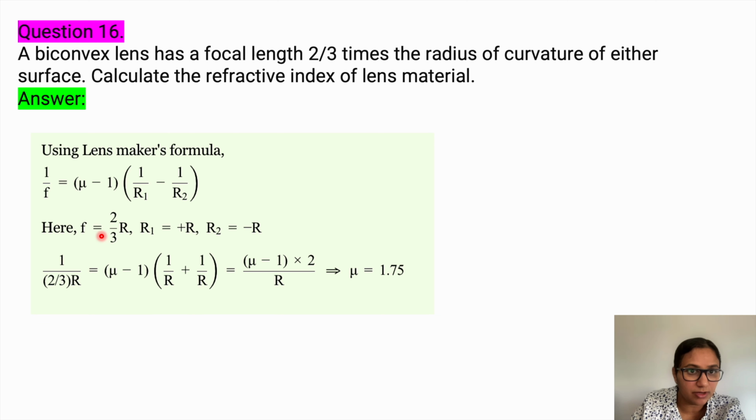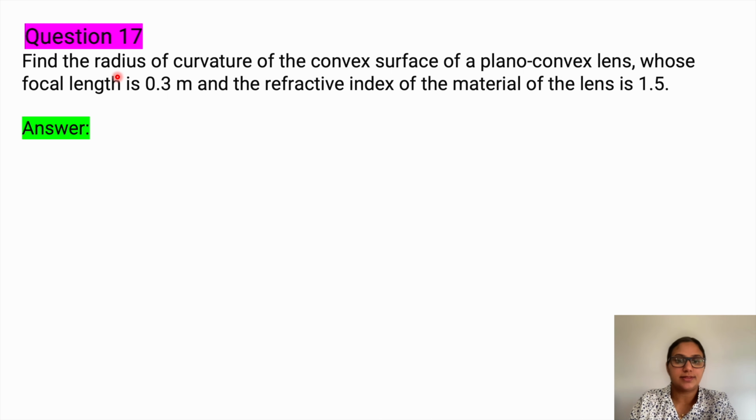So f is 2 by 3 times R. R1 is equal to plus R, R2 is equal to minus R because it is a biconvex lens. Substituting all the values, you get the refractive index as 1.75.